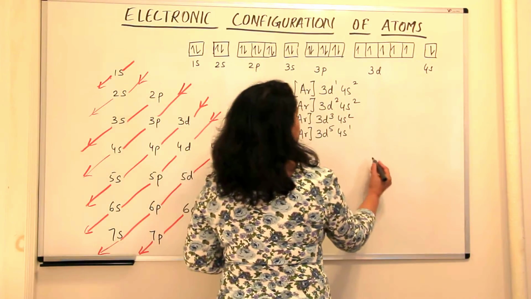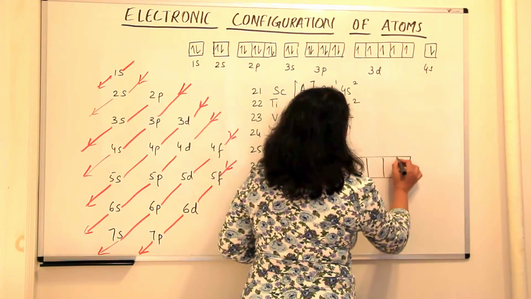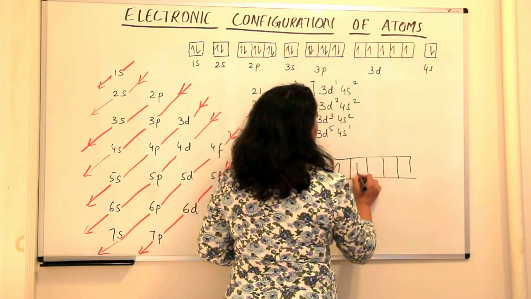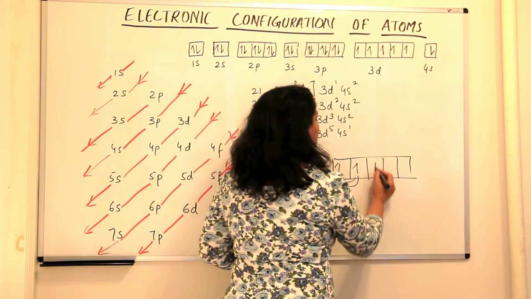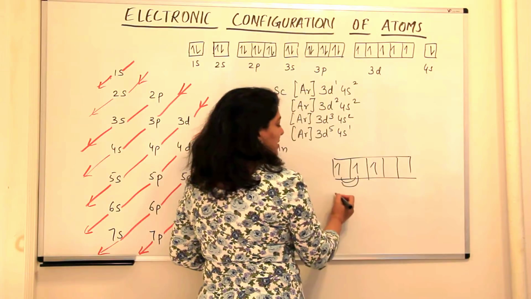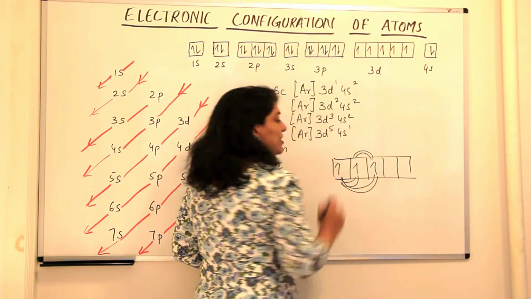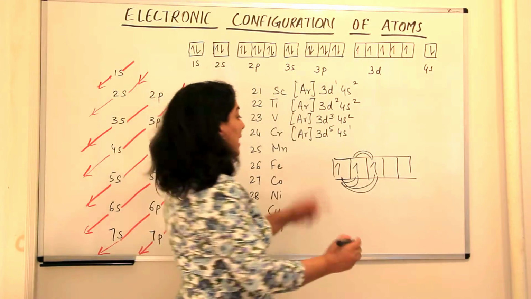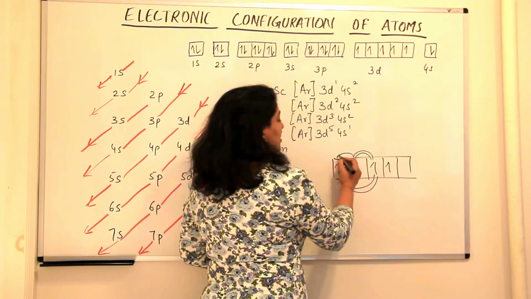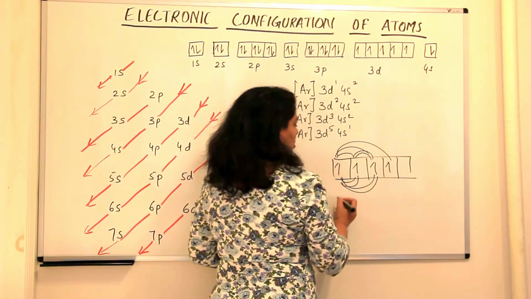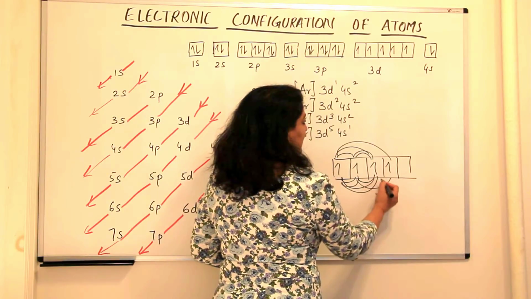If you have, let us say, 5 orbitals, then with 2 electrons, only 1 exchange is possible. But if you have 3 electrons, then this exchange is possible, and this exchange is possible, and these 2 can also exchange with each other. If you have 4 electrons, the number of exchanges increases. This exchanges, this exchanges, this exchanges, then this exchanges with this, and this exchanges with this.